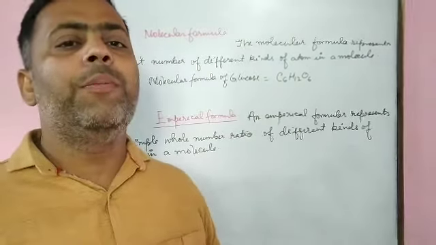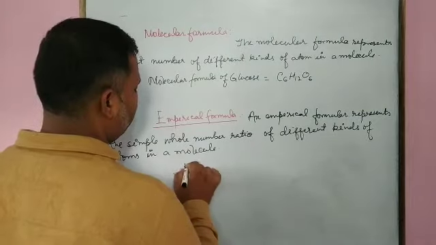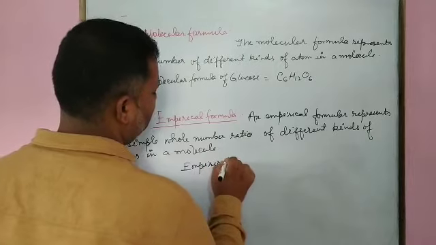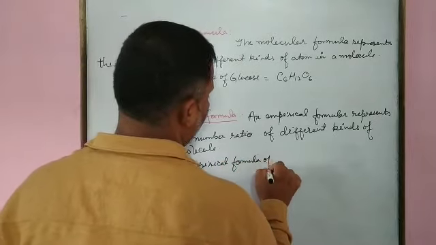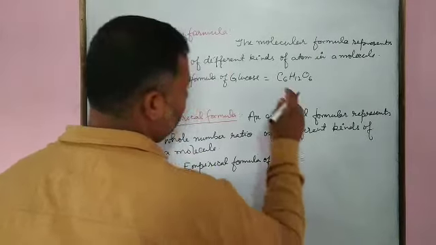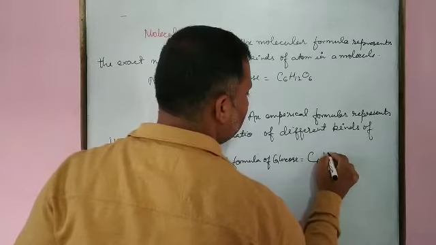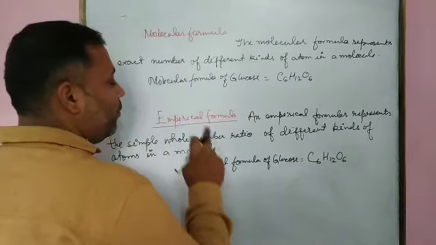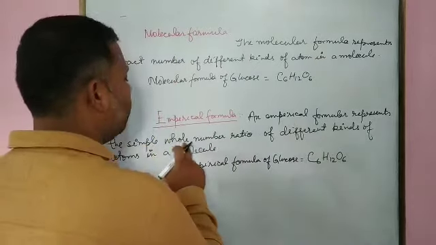But what about the empirical formula? Let us discuss the empirical formula of glucose. You know what its molecular formula is? It is C6H12O6. But in the empirical formula, we represent the simple whole number ratio.